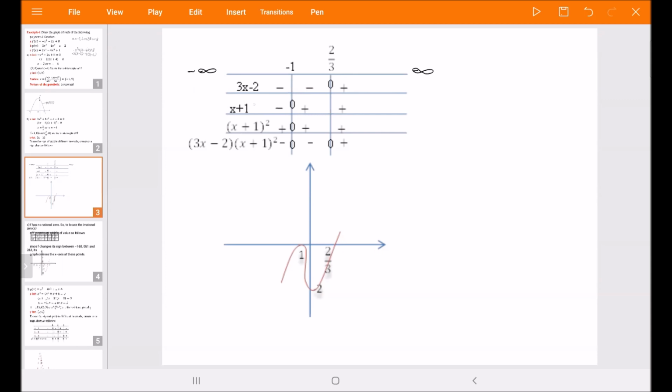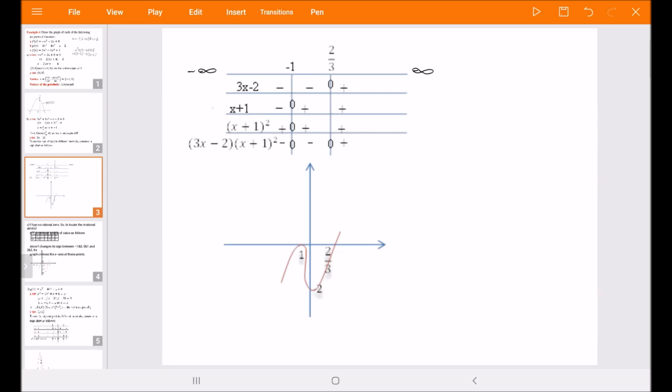X plus 1 is equal to 0 when x is equal to minus 1. Now what happens to the sign of x plus 1 for values less than minus 1? In this case, you take an integer less than minus 1 and substitute x by that selected integer. For example, minus 2 is less than minus 1, so minus 2 plus 1 is minus 1.